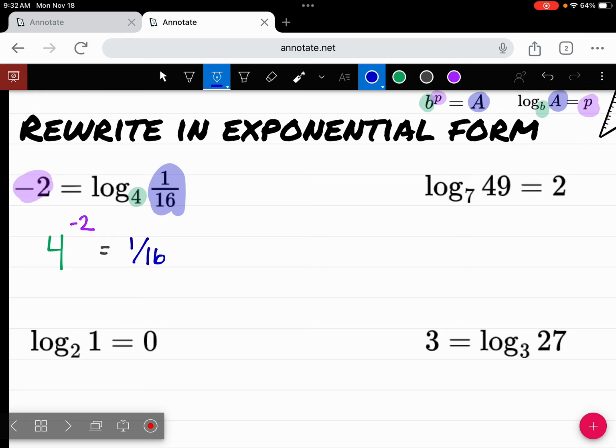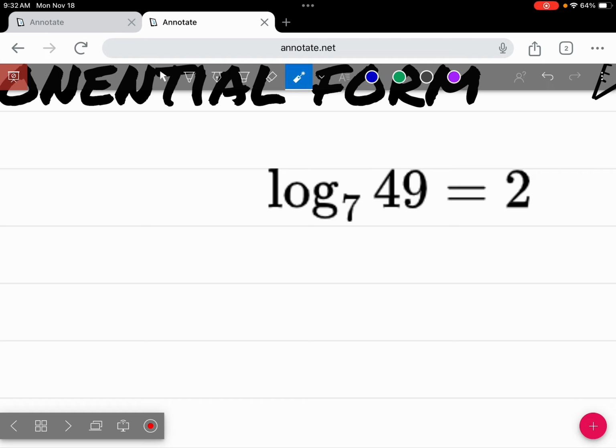Same thing on the next one. I'm going to do the right. What does P stand for? Power. P is our power. A is our argument. B is the base. So on the next one, what is our base? 7.